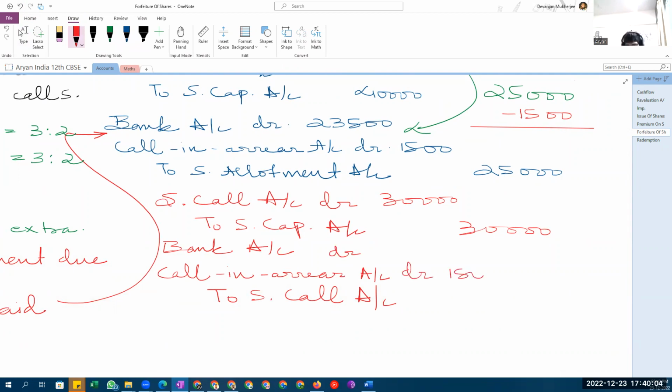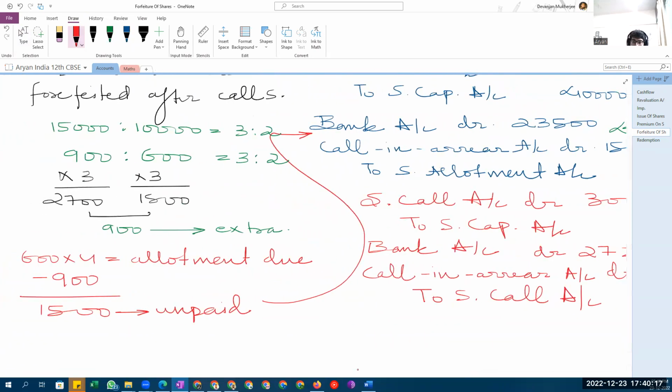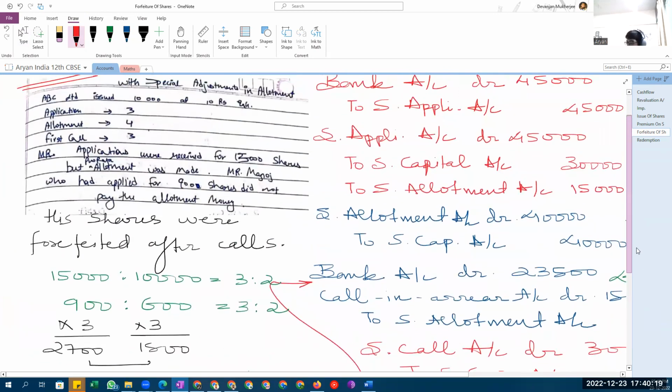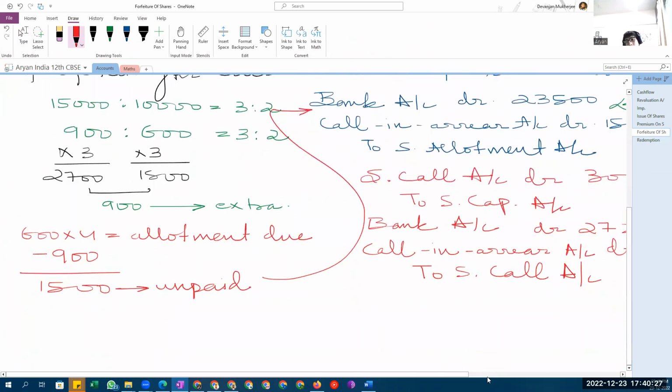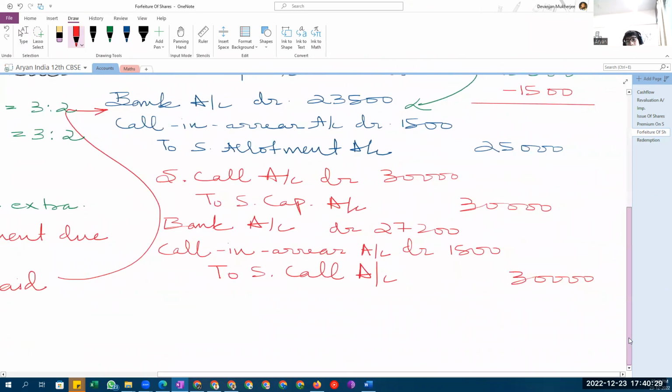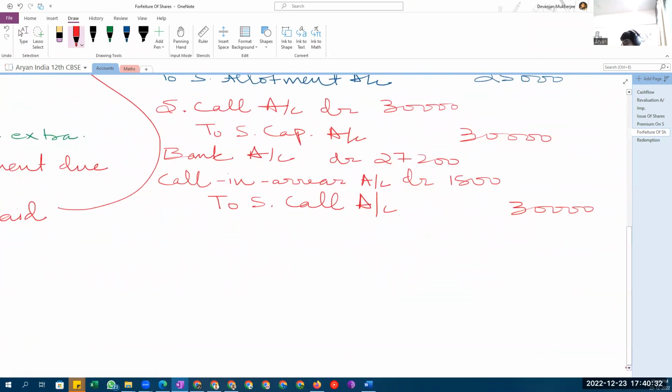So it's 1,800, and out of 30,000, we receive 28,200. Will it be 28,200? Yes, it will be 28,200.